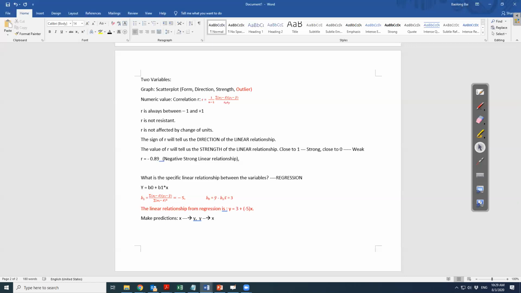But when you do predictions, you need to pay attention to extrapolation. It doesn't mean you can't do extrapolation. It's very, very legitimate. You just need to be careful. Basically, extrapolation is trying to predict something outside of your sample data range.